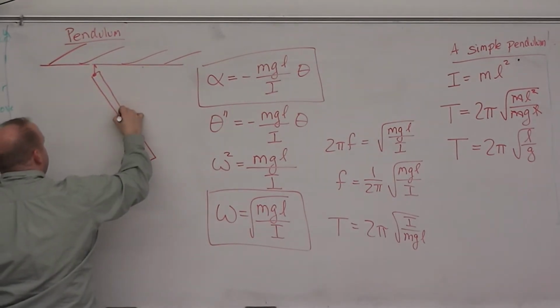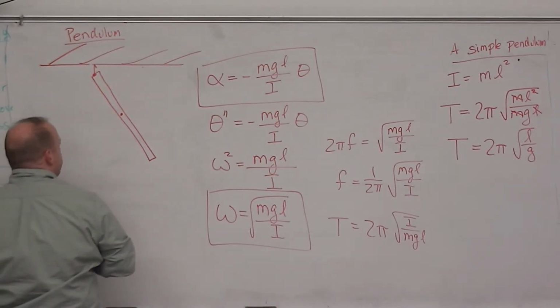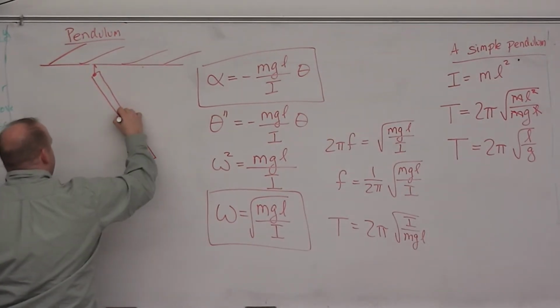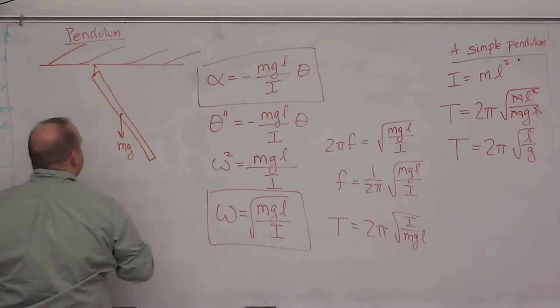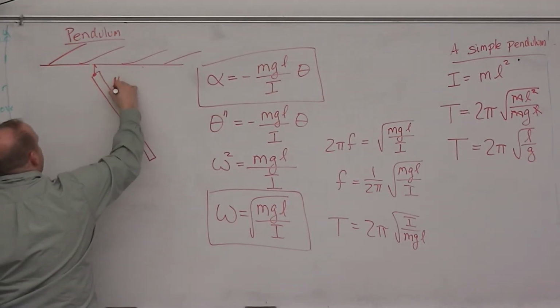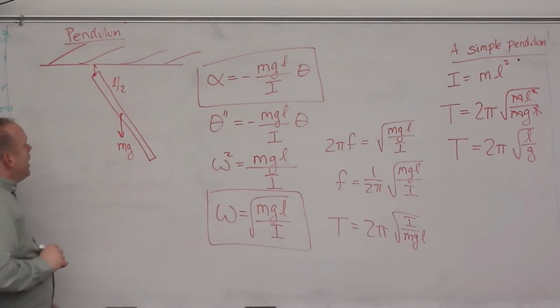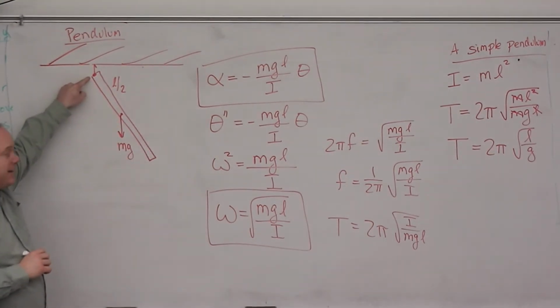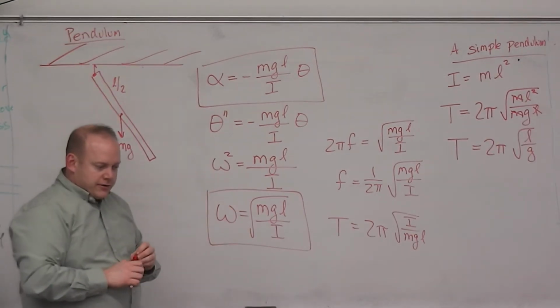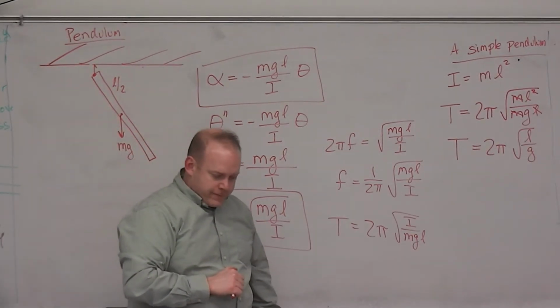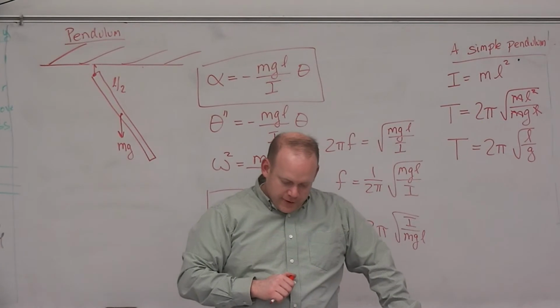I'm going to say that the center of mass is right there. It's going to force mg going down. This is at a distance L over 2. It's also got the force of the pin right here. That does not provide any torque because it's at the rotation point. So there's only one force that's providing any torque.